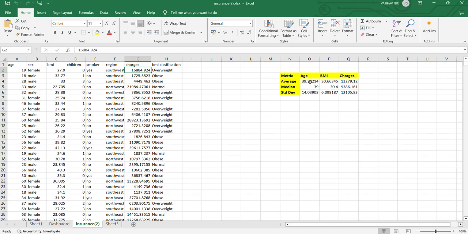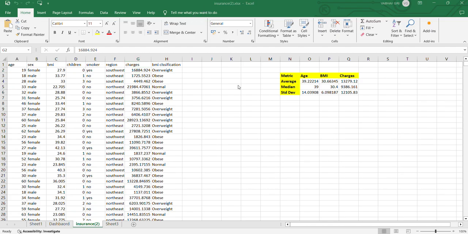The average age is about 39, average BMI is 30, whereas the average charges are about 13,279. The median age is 39, median BMI is 30, and the standard deviation of age is 14, and so on. And why is it important? Because it gives a quick idea of how costs are spread across different individuals.